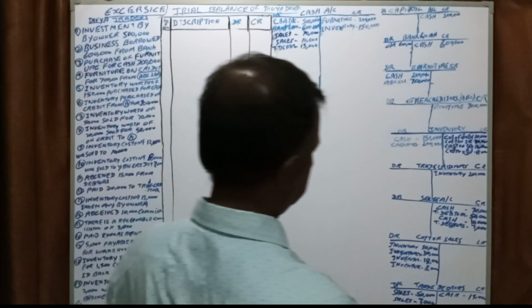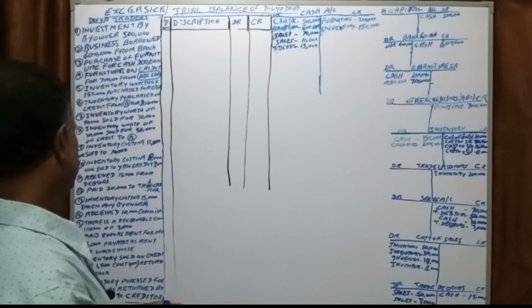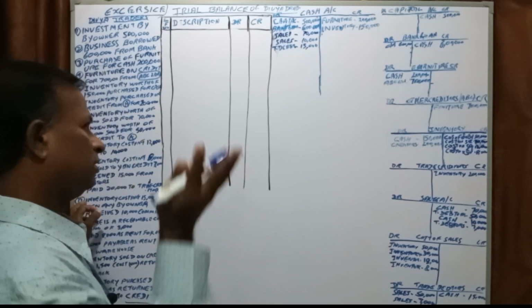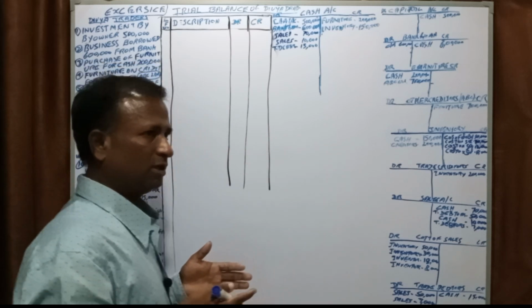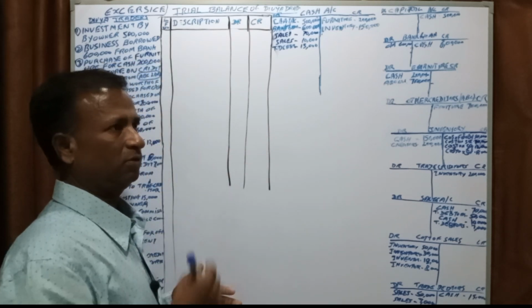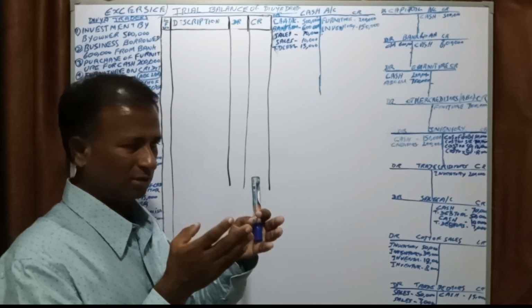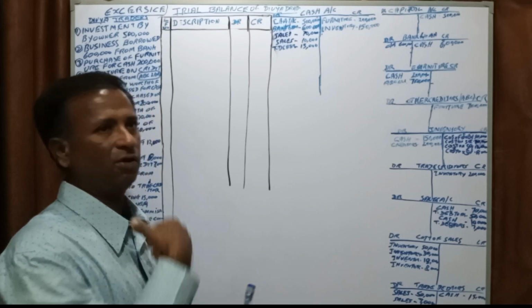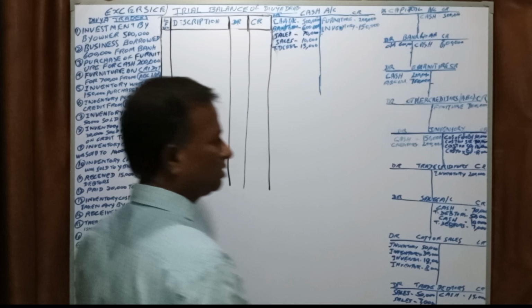If we are paying, cash is going out, right? Cash is going out means an asset is decreasing, so we have to pass a credit entry. The liability is also decreasing, so we have to pass a debit entry to the creditors.